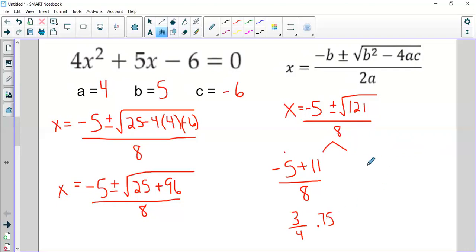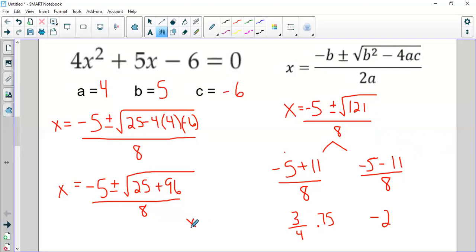And my second answer is going to be negative 5 minus the square root of 121, which is 11, over 8. That's negative 16. Negative 16 divided by 8 is negative 2.